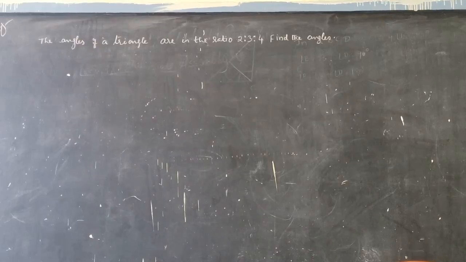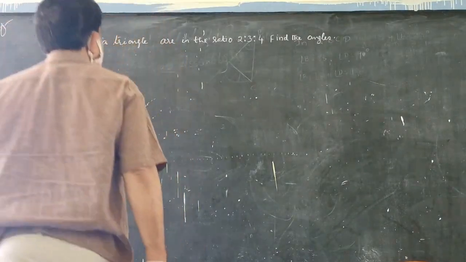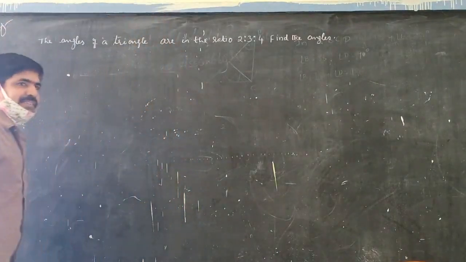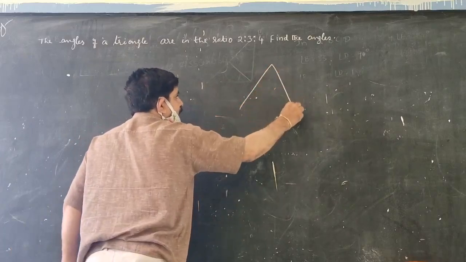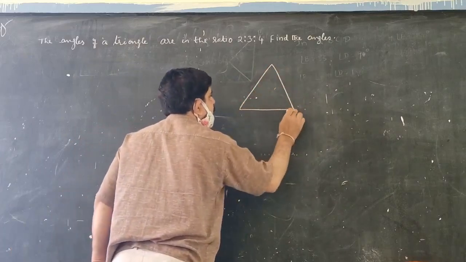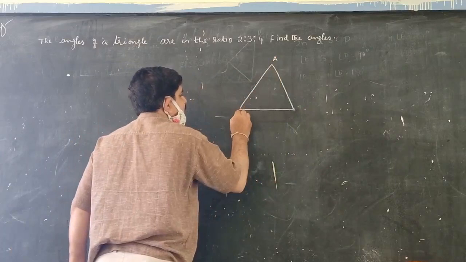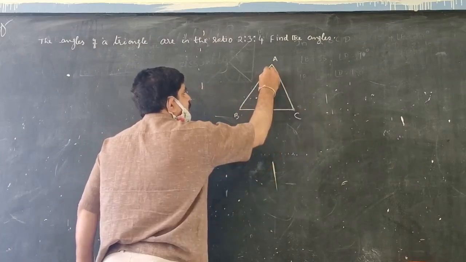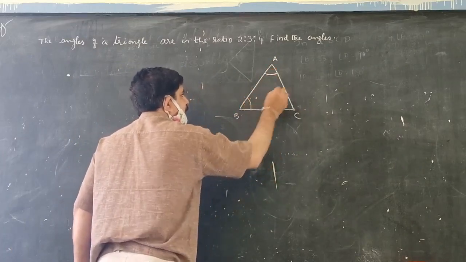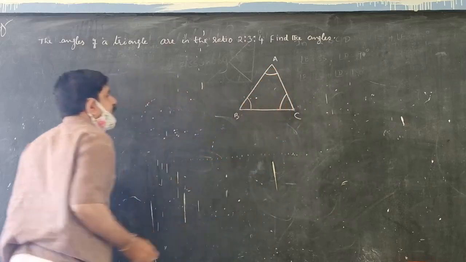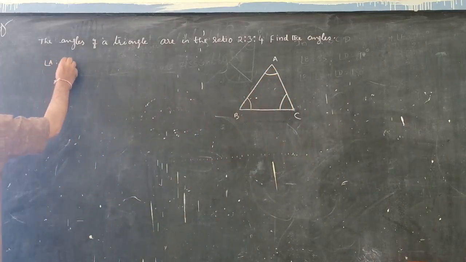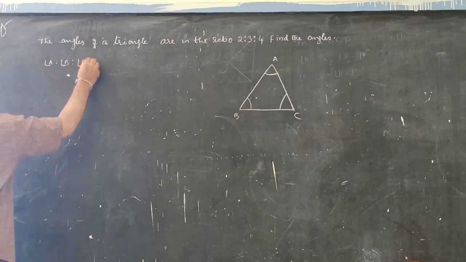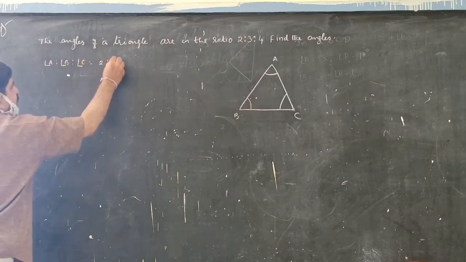What is the given question? The angles of a triangle are in the ratio 2:3:4. Find the angles. ABC is a triangle. Angle A is to angle B is to angle C is equal to 2:3:4.